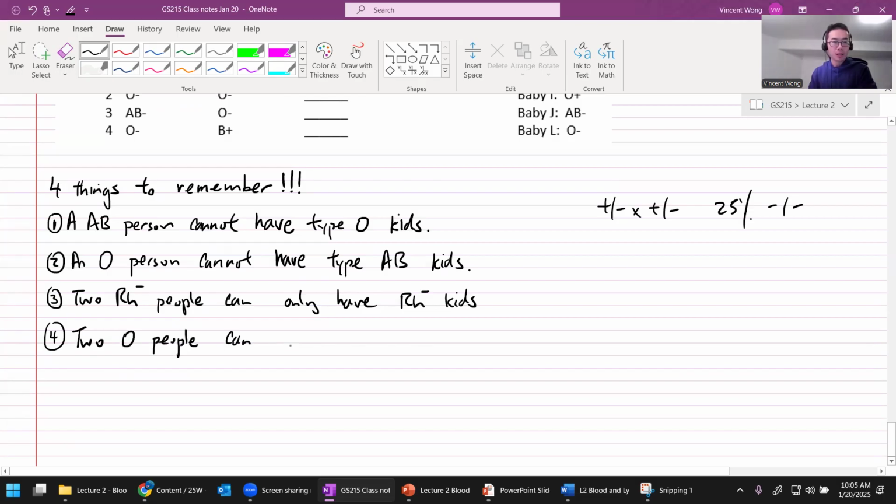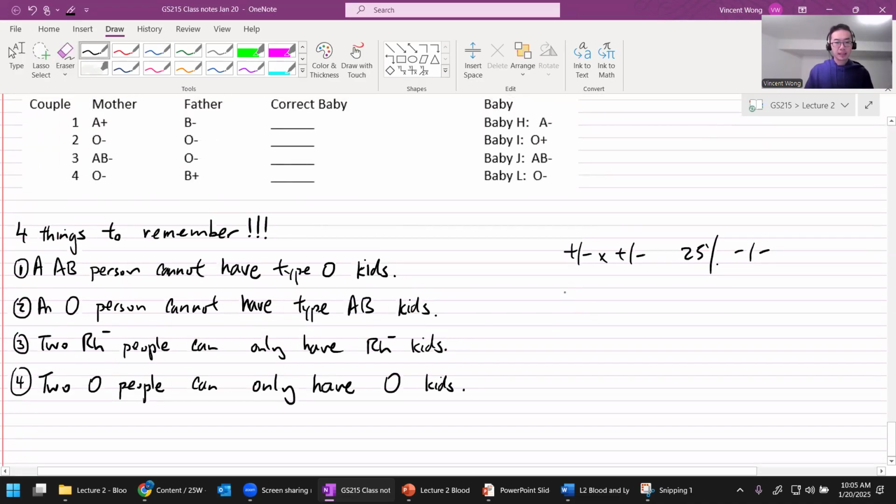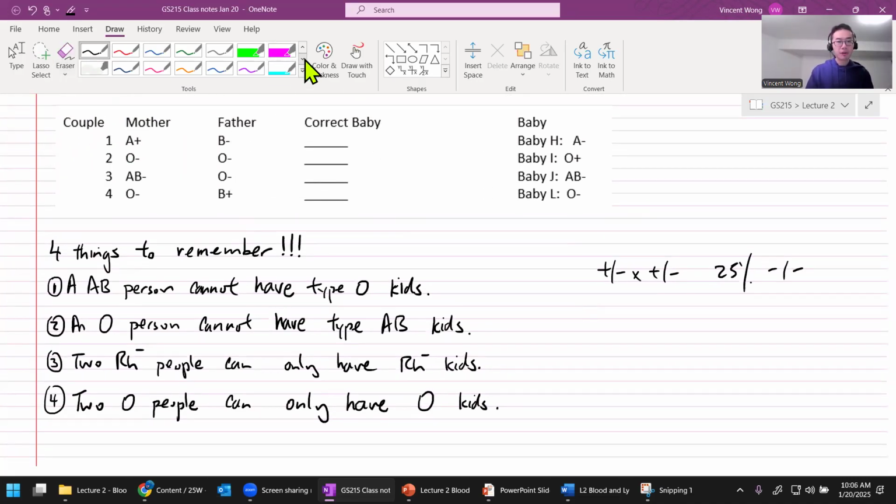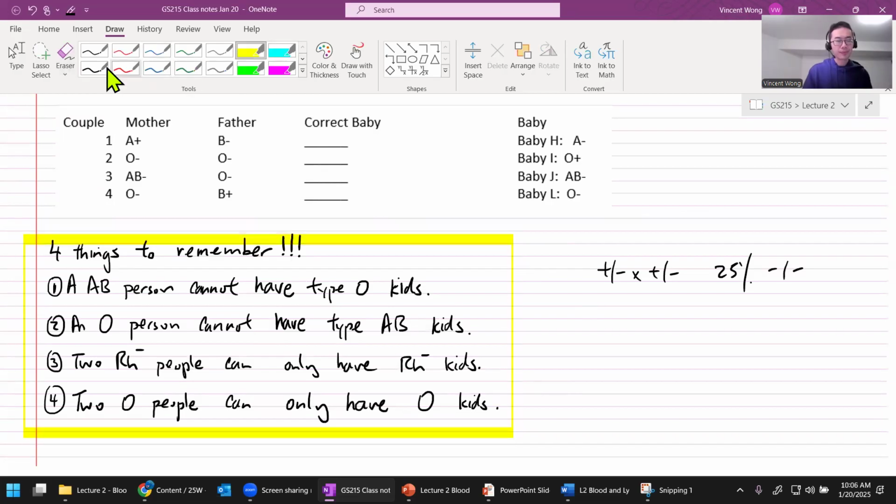Two O people can only have what kind of kids? If the parents are both type O, then they both have little i only. They can only pass on little i and they can only have O kids. So remember these four things and it will save you a lot of time on the test.